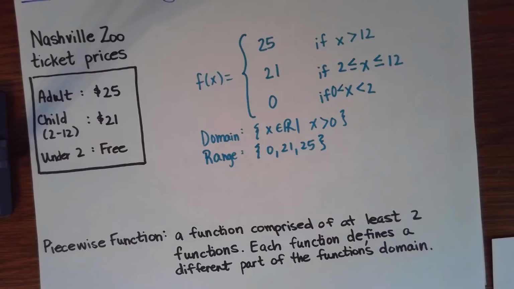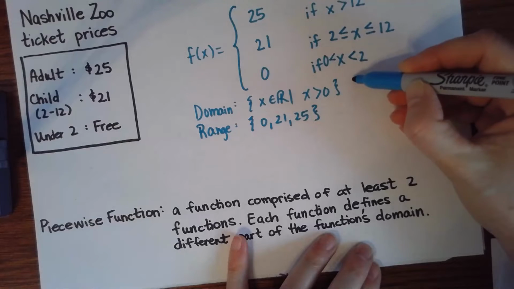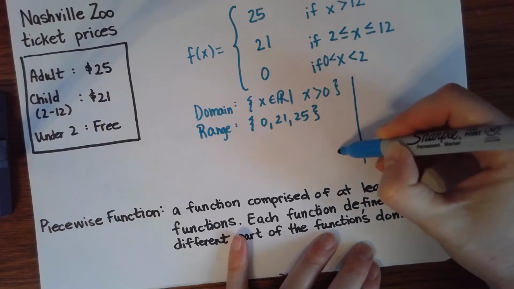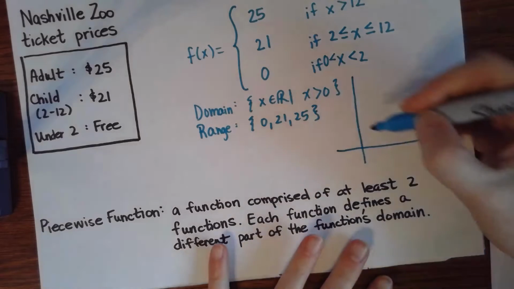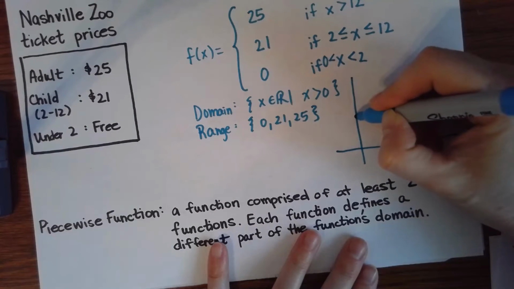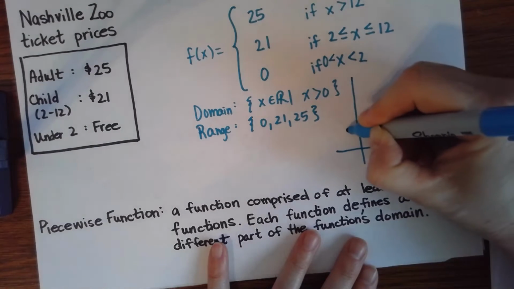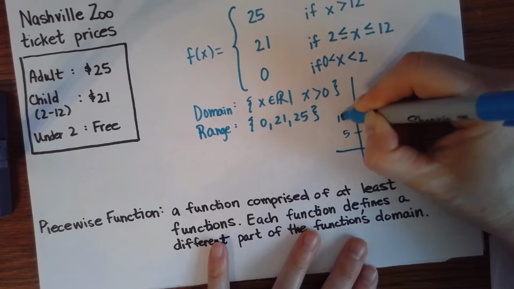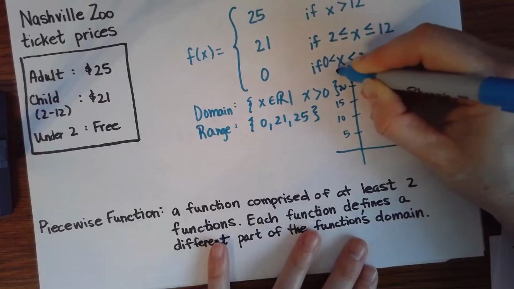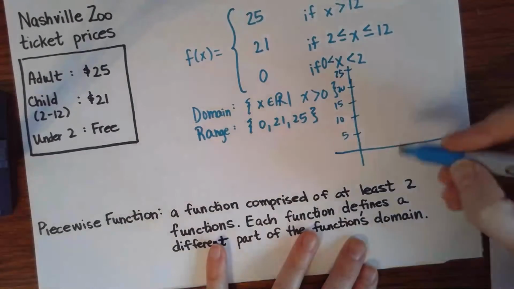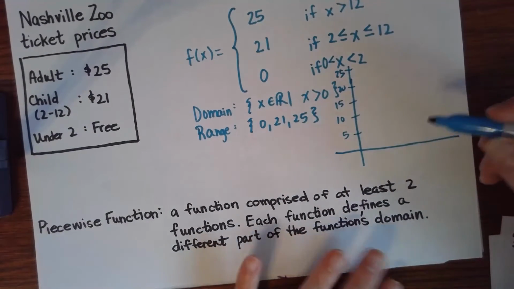Let's look at how you might go ahead and graph that function. So let's say I wanted to graph that function, I'll see if I can fit it right here. Let's see, let's count by 5. So this is like 5, 10, 15, 20, 25, and I'll do ages here.